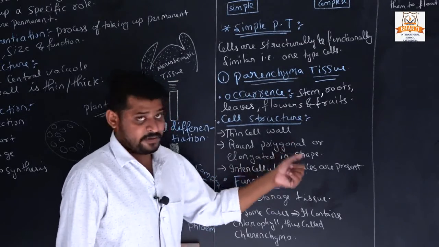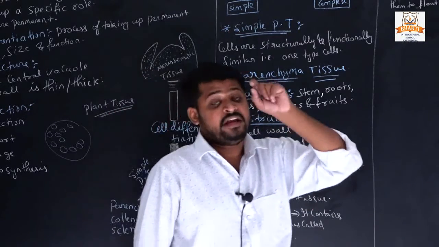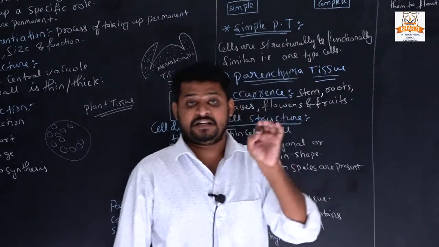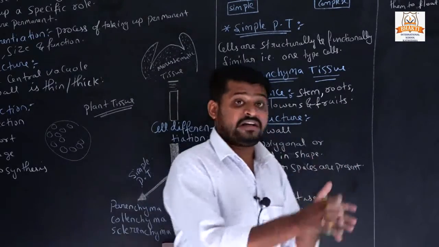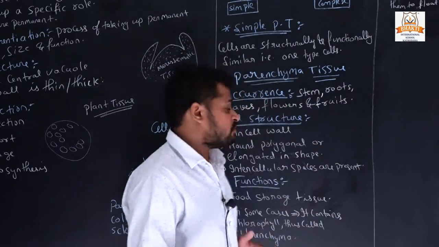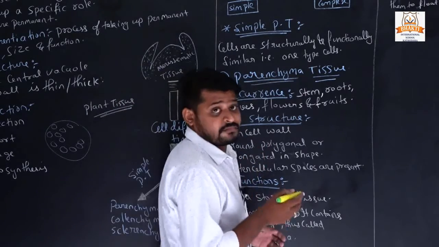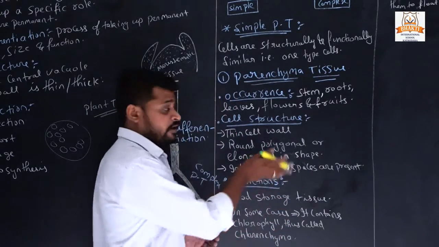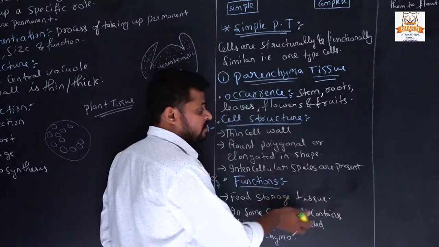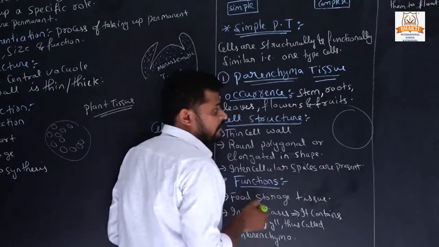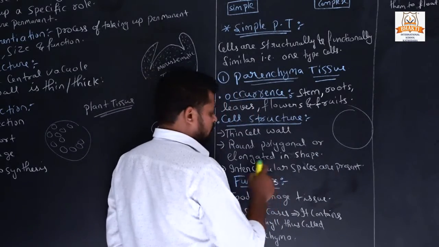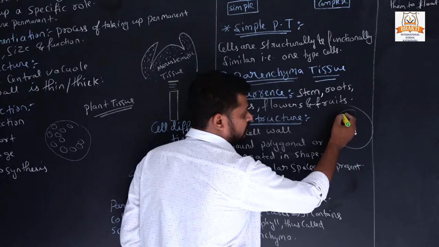Intercellular spaces are present. In meristematic tissue, intercellular spaces are absent. If you don't know what an intercellular space is, in the previous video we already studied it, so see it once again.